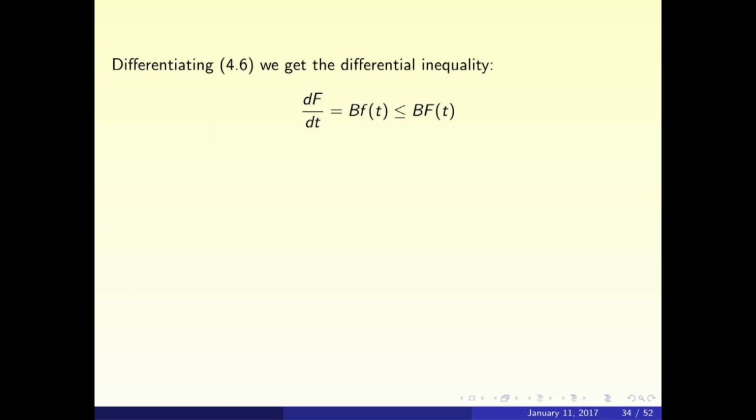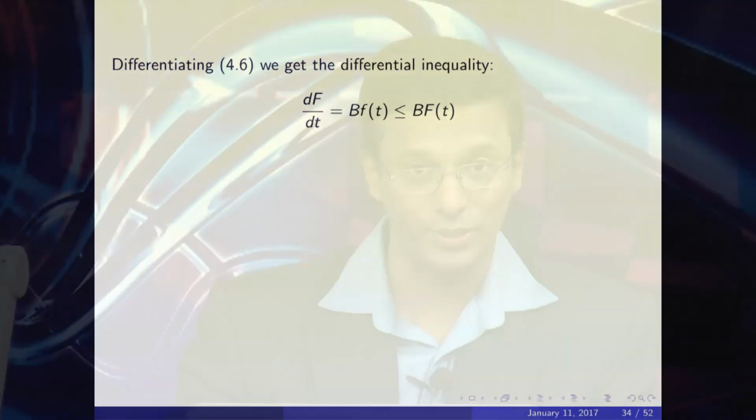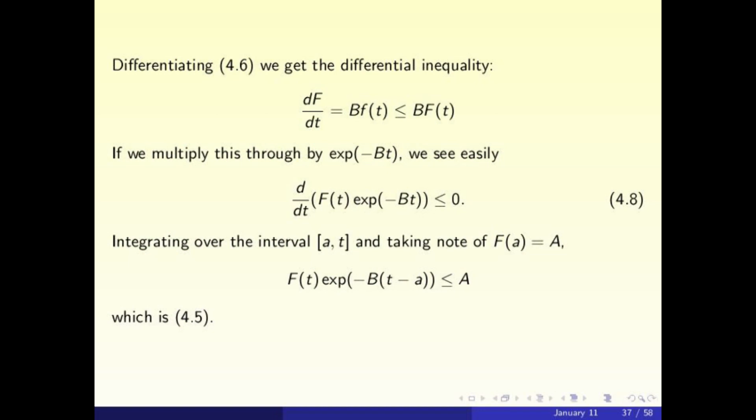You will proceed exactly as you do with a linear equation. Multiply the differential inequality by e to the power minus B into t. That's exactly what you do. And the left hand side will become an exact derivative. You will encounter d/dt of capital F(t) into e to the power minus Bt less than or equal to 0.